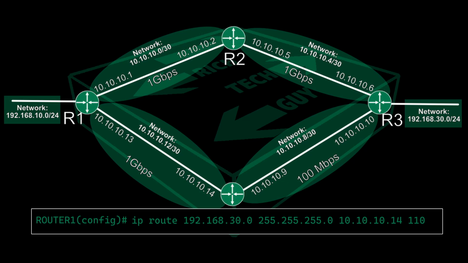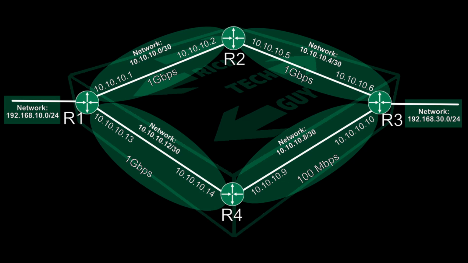And if that static route via router 2 has the static route default AD of 1, router 1 will send all traffic destined to router 3 via router 2. But again, circling back to the first limitation of static routes, this just adds more complexity that needs to be managed.